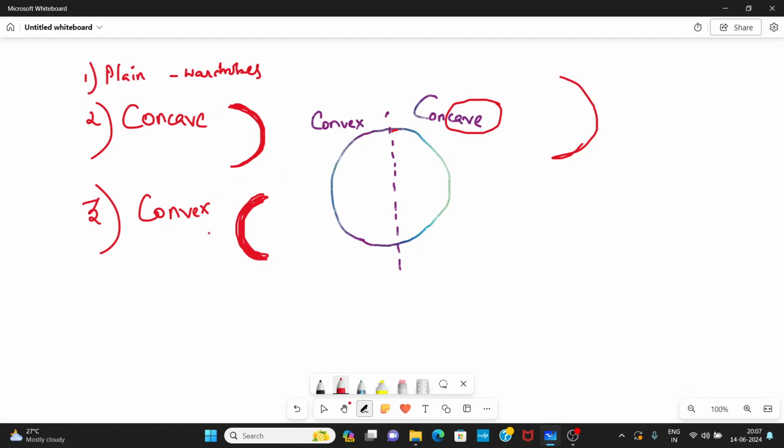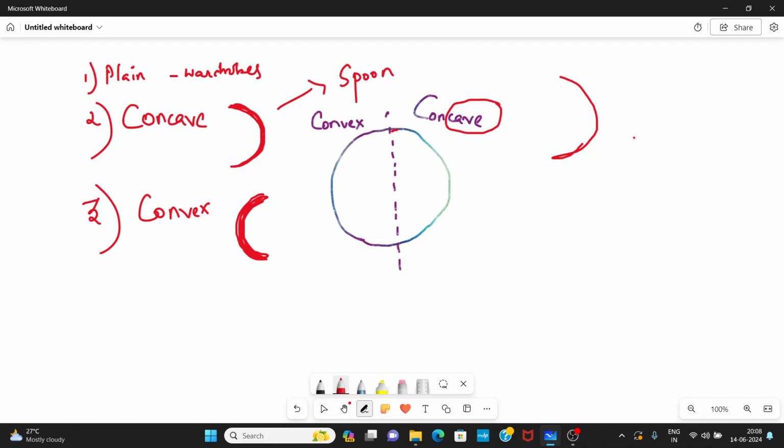Now we can discuss the examples of concave and convex mirrors. Where are concave mirrors used? Let me give you a simple example of the concave mirror: your spoon. Take a spoon and look at yourself in the spoon.